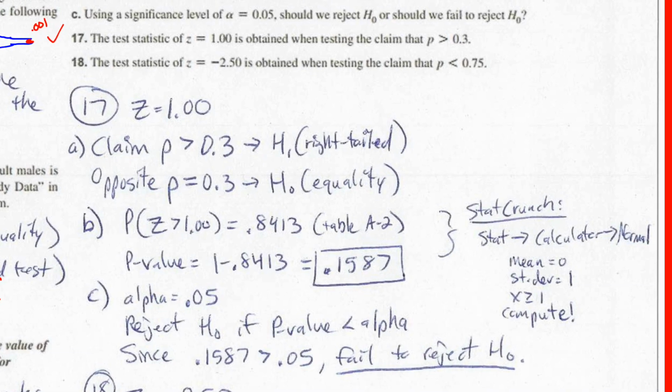And so we have a z statistic of 1, and the claim is the proportion is greater than 0.3. So that's the claim, and that is greater than, so it's right-tailed, it's on the right side. And so the opposite of that, we're always going to put equality for H0, okay?